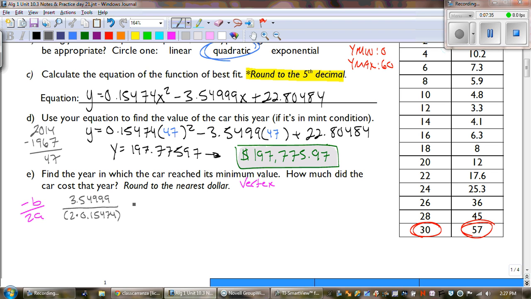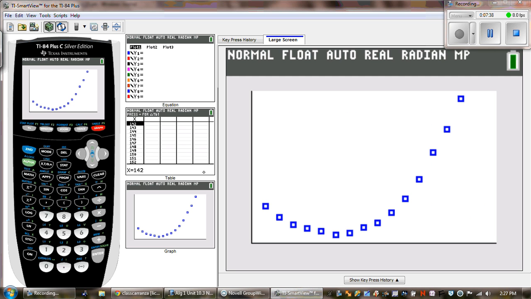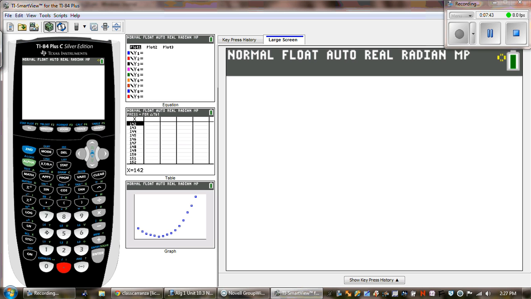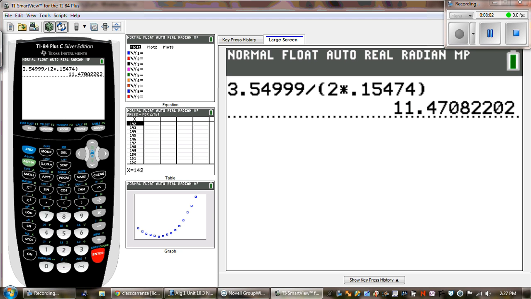Now, when you're doing this in your calculator, we have the 3.54999. We're dividing that, but first we want to do 2 times B. Okay, if you don't put the parentheses on the bottom, you will get something different than me.